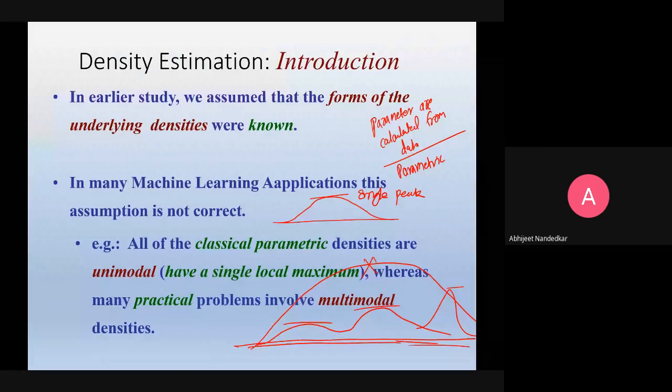I should not fit this kind of curve for such kind of distribution. Remember this is probability of x given some omega, and this side is your variable x.